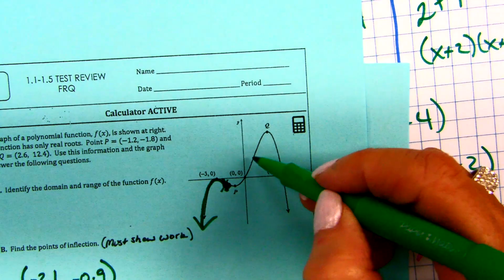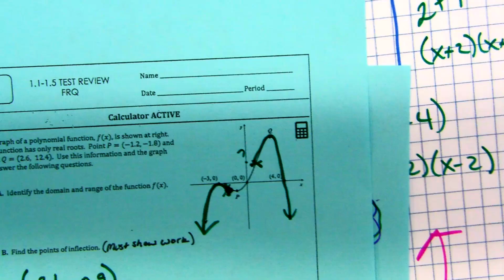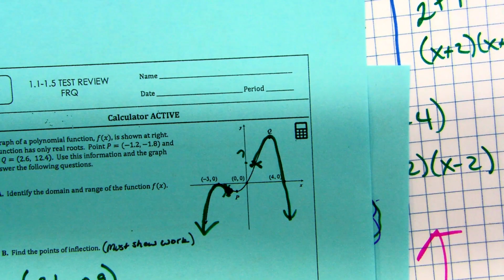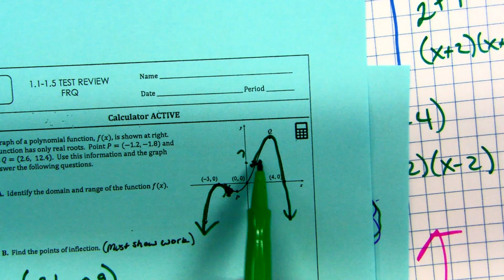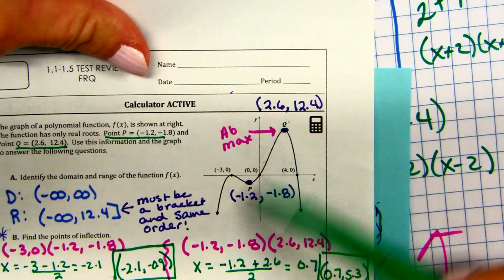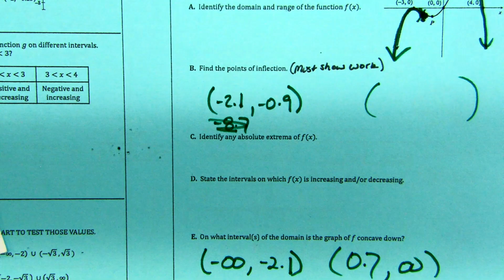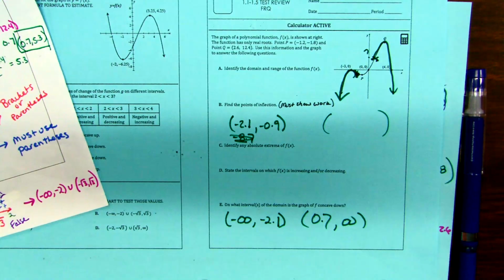And then the other concave down would be somewhere in here, right? So from somewhere to positive infinity. Okay, what is that point? That's the other point of inflection that we found here, in between. So that's a really good question. There is an actual number that you would use for that. Okay, does that make sense?